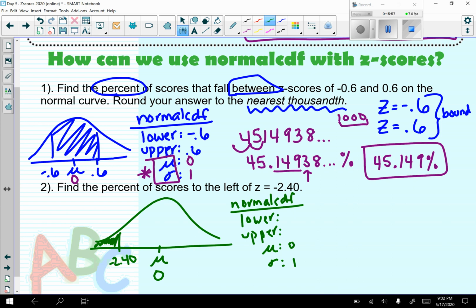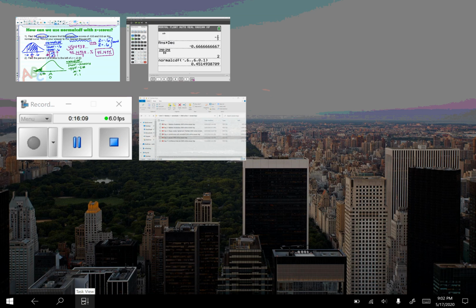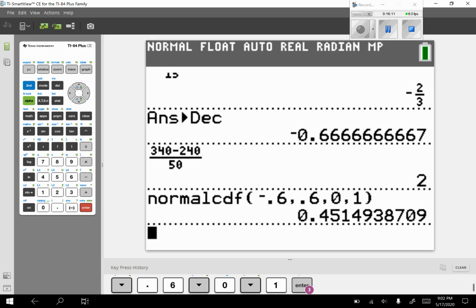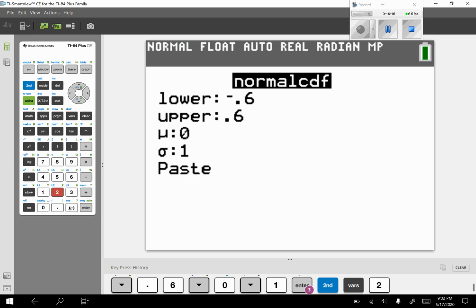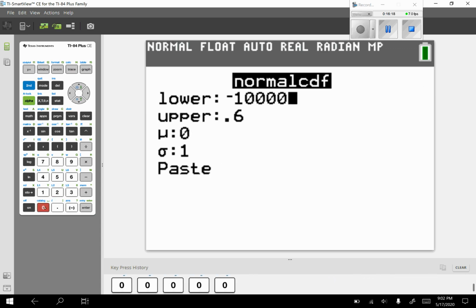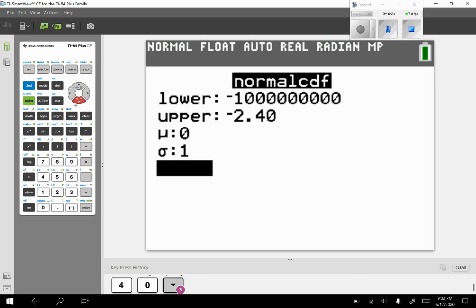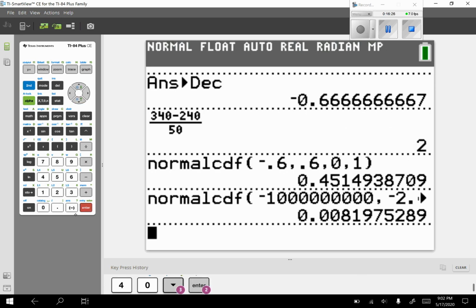I'm going to the left, which means my lower bound is negative 1 million, or a really big negative number, and my upper bound should be negative 2.40. Back to my calculator. Second, vars, choice 2, negative a really big number, negative 2.40. 0 and 1 are going to stay the same. I'm going to paste it.